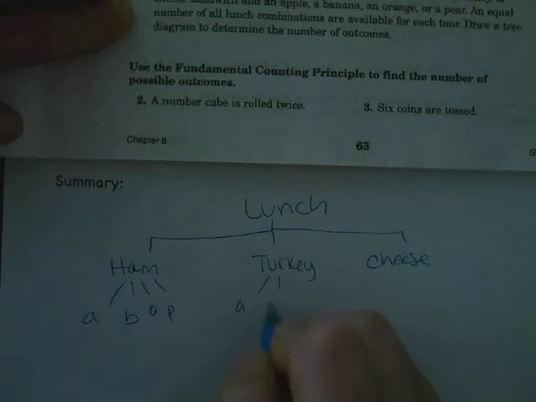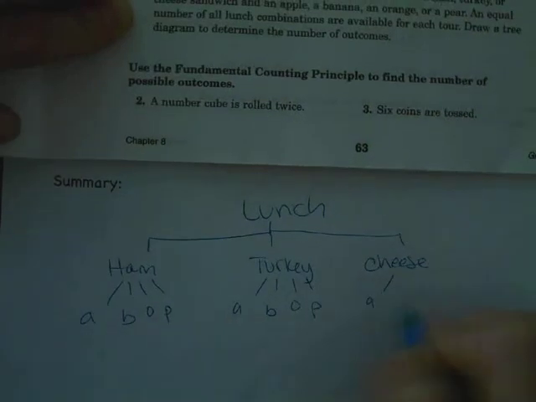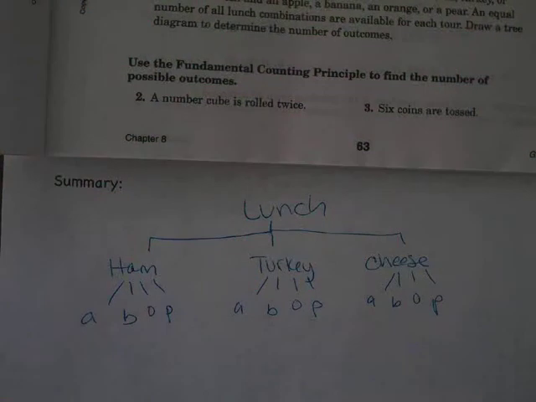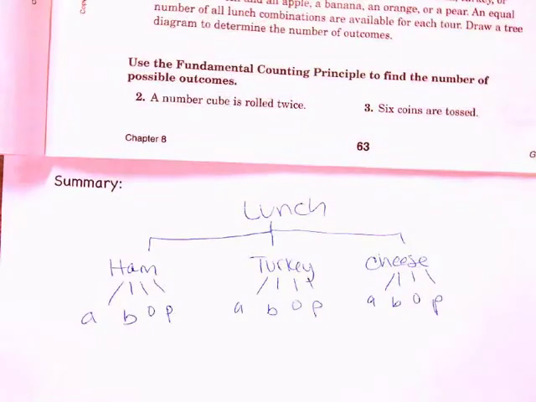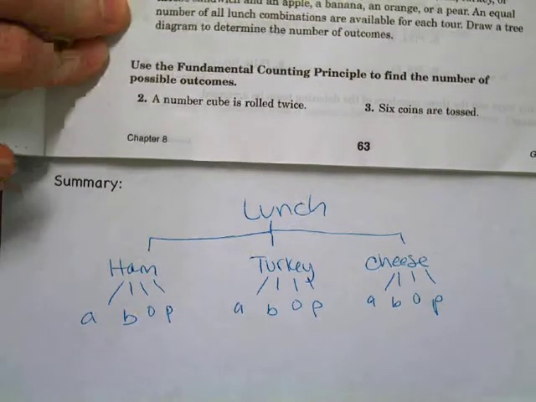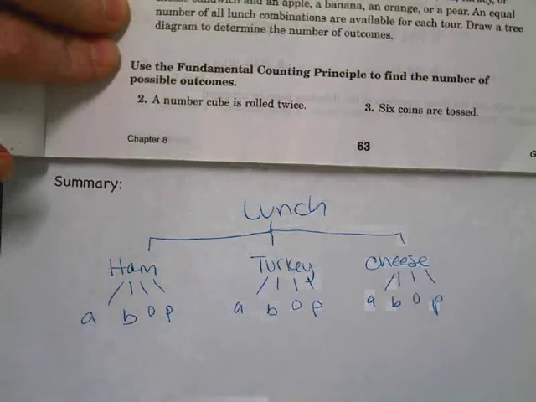Apple, banana, orange, pear. Nobody says that you can't get a ham sandwich with a pear. You can get all the different sandwiches with any fruit. So this would be our tree diagram for the total number of outcomes.